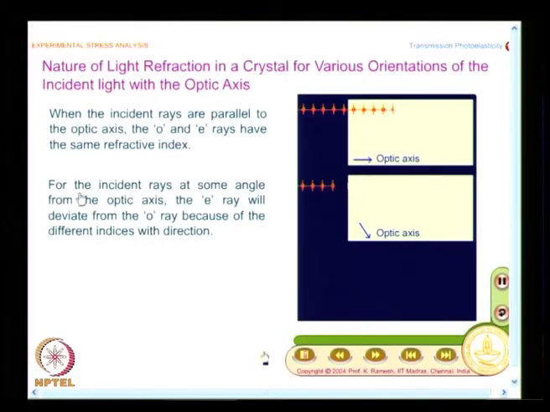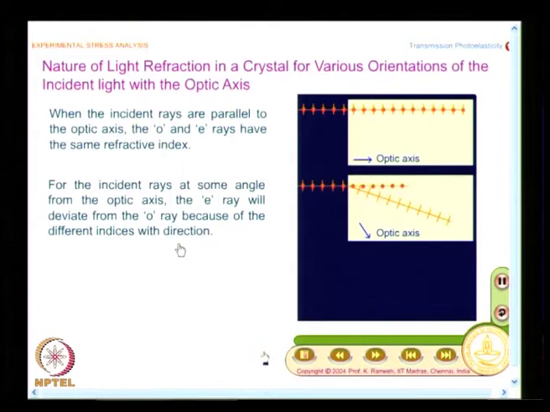You see two images because of a physical phenomenon, not because of hallucinations. So, what I find here is when the incident ray is at some angle from the optic axis, the extraordinary ray will deviate from the ordinary ray because of the different indices with direction.